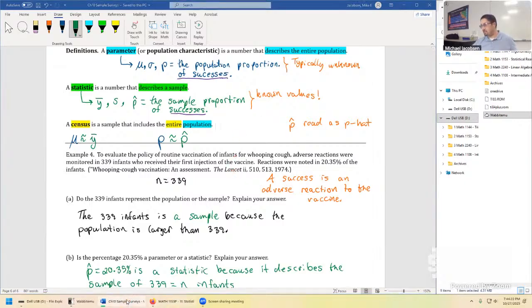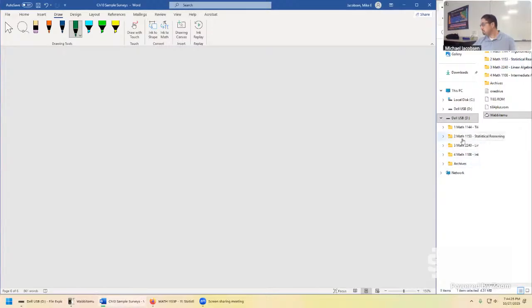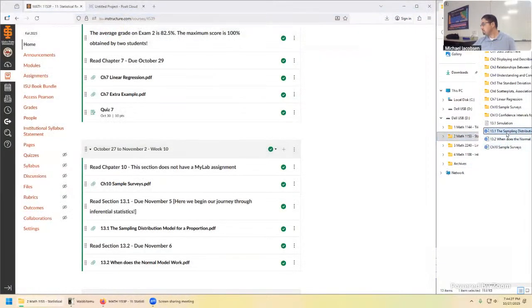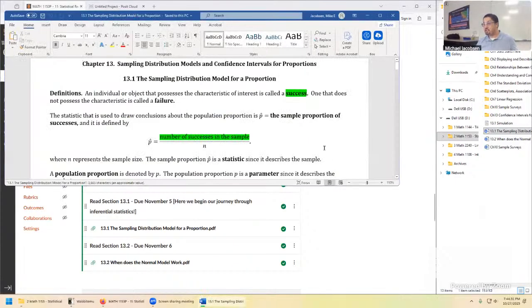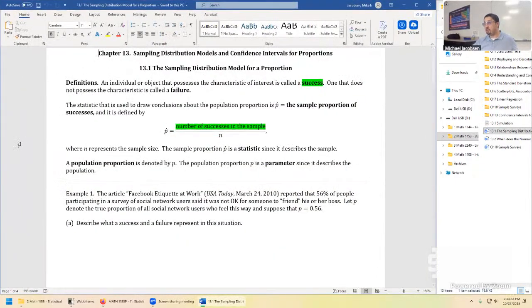Once it saves, there it goes. It starts off with just a collection of all the definitions that we've been looking into, because we do have new parameters and new statistics we're talking about. So to just redefine those two major ideas, the individual or object that possesses the characteristic of interest, whether it's an adverse reaction to a vaccine or being okay with a new policy like the transit tax, that's going to be called the success in the sample.